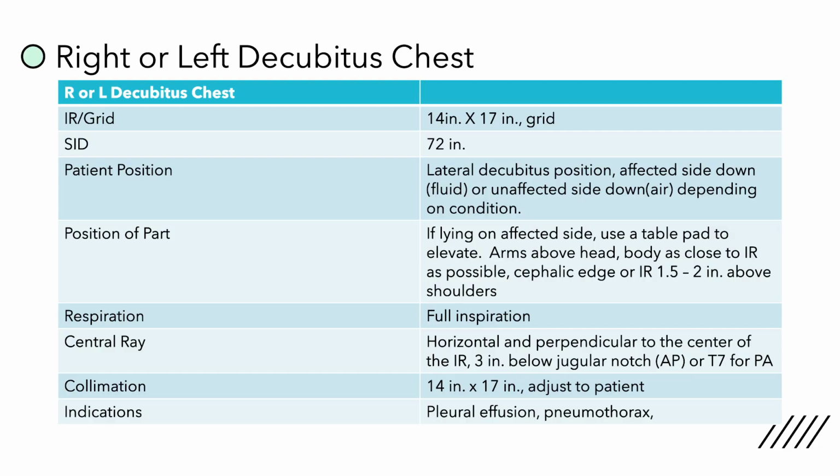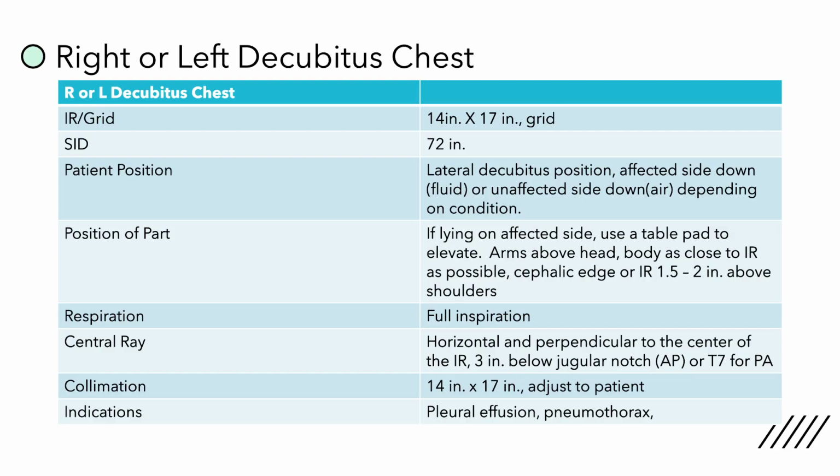So if they're laying on their affected side, you'll use the table pad to help elevate them a little bit. Arms will go above their heads, and their body will be as close to the IR as possible, as always. The cephalic edge of the IR should be 1.5 to 2 inches above the shoulder, similar to when we were doing P to A and A to P chest.